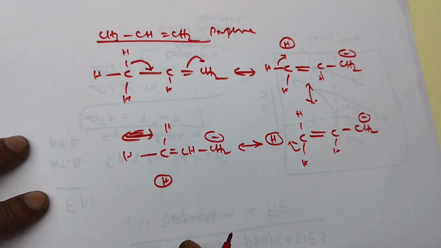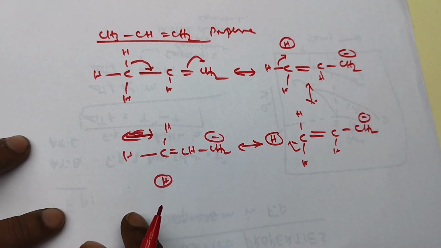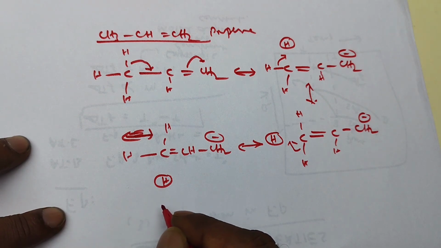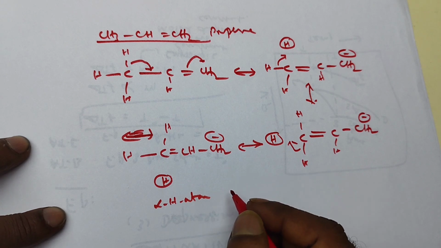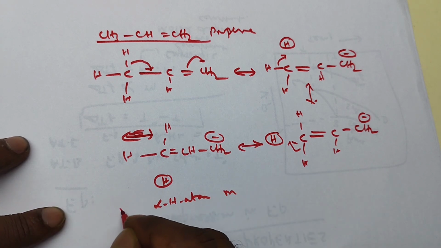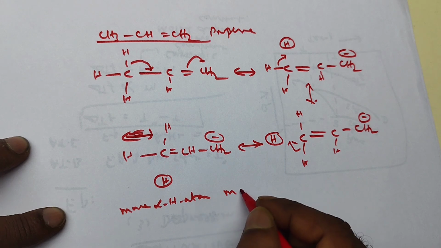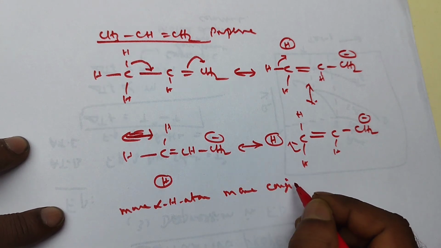Naturally, the more such alpha hydrogen atoms, the more conjugated resonance structures.